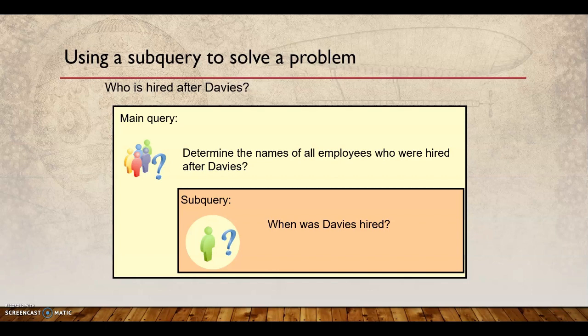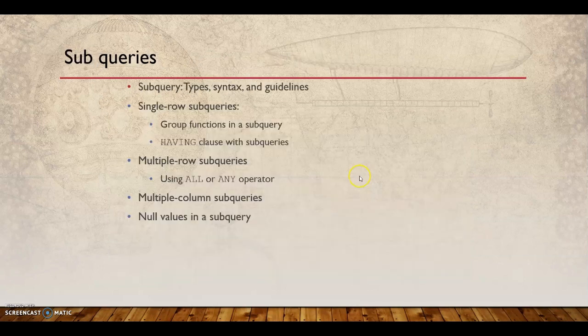Say, for example, Davis is hired on Jan 10th 2021. If you know that, then you can have a condition stating hire date greater than 10th Jan 2021. So the first step is to find out when Davis was hired. That is the inner query or subquery, and then you'll have the outer query to determine all the employees who were hired after Davis.